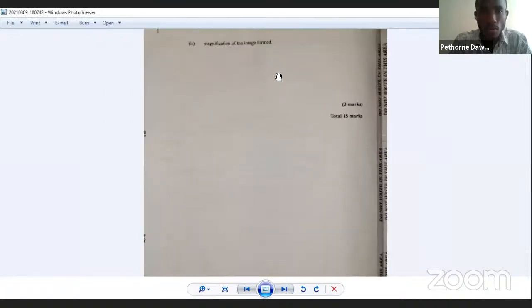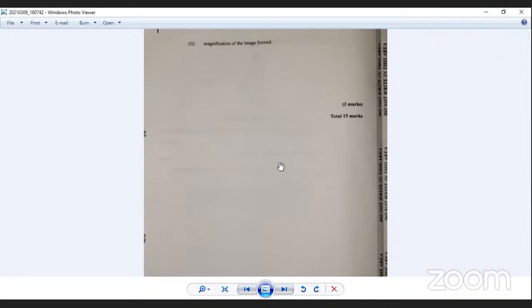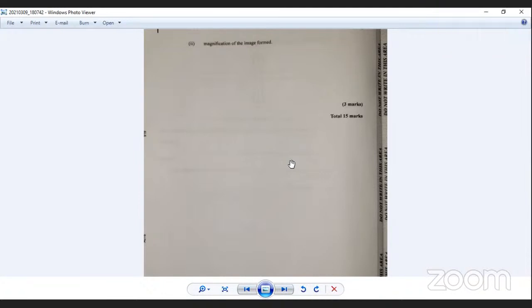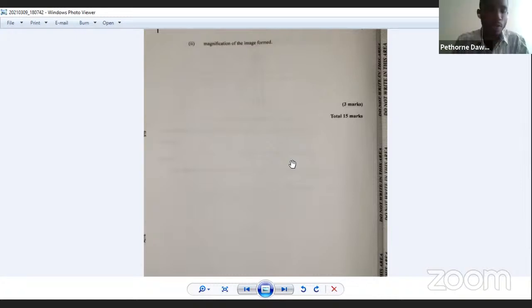Next, the magnification of the image formed. Do you know the magnification equation? No. All right, the magnification equation for bio students. You're supposed to know this, bio students. The magnification equation is simply comparing image to object.